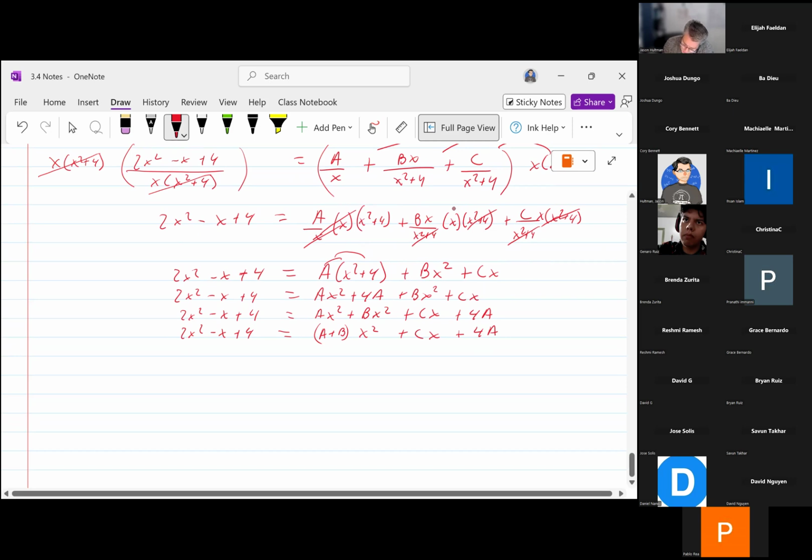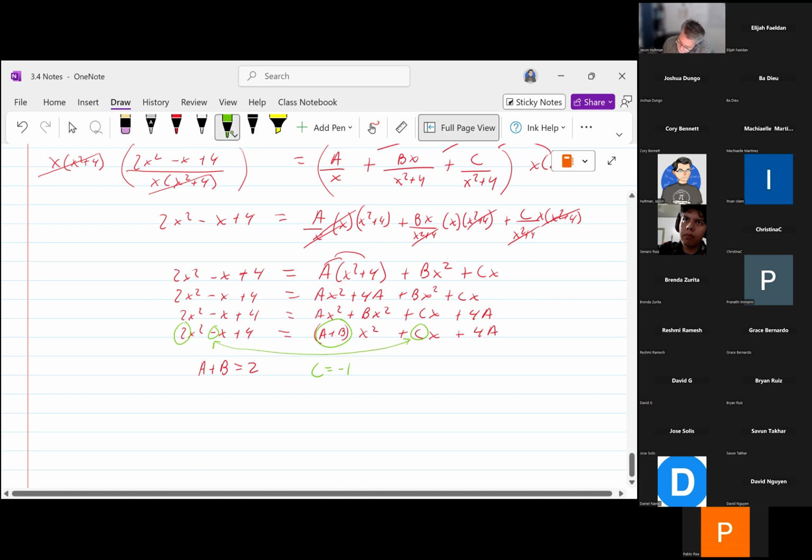Well, I know that a plus b must equal 2. So we've got the 2 and the a plus b as coefficients in front of the x squared. I know a plus b has to be equal to 2. I know -1 has to be c. Okay, well, that's nice. So c is equal to -1, because those match up.